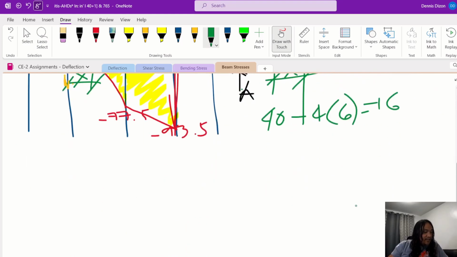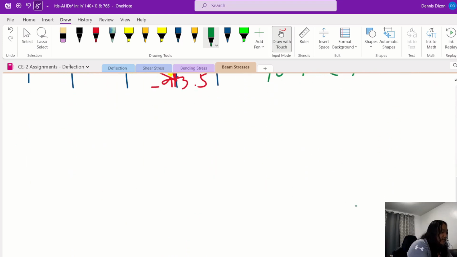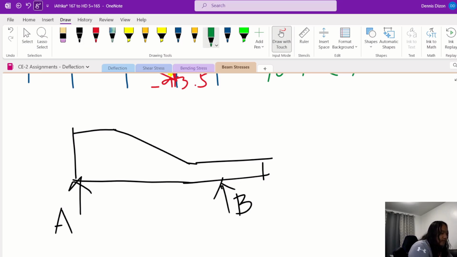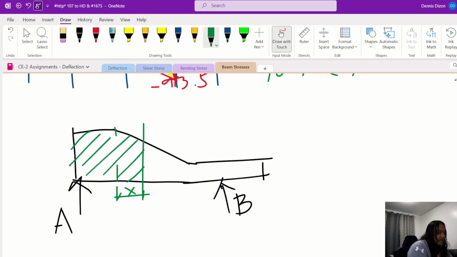So let's draw that again, the load diagram. This is A, and this is B. This is our boundary distance X, so that the total of this area is equal to the reaction.